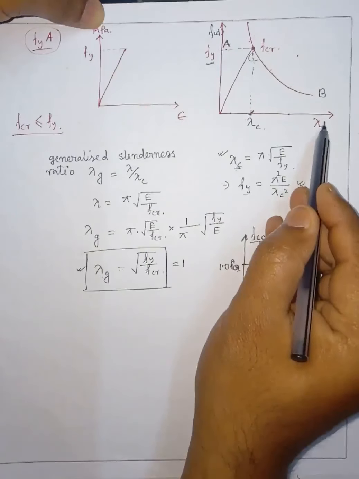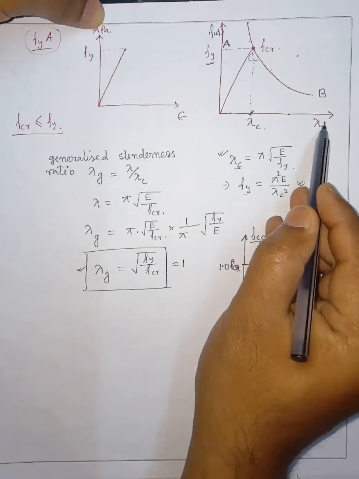So if this is lambda c, so lambda g is equal to this. Okay, you can do it. So you will get lambda g is equal to root under Fy by Fcr. So for this point, what will be this lambda g?